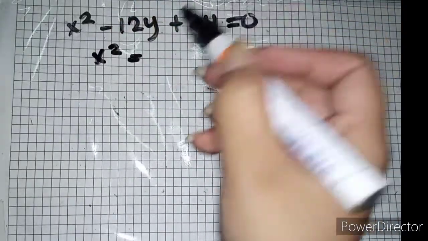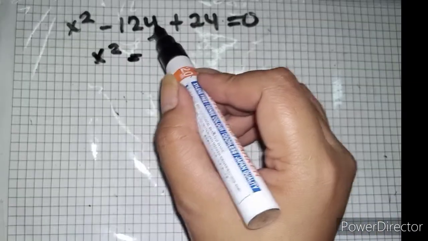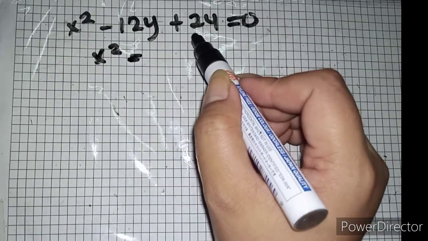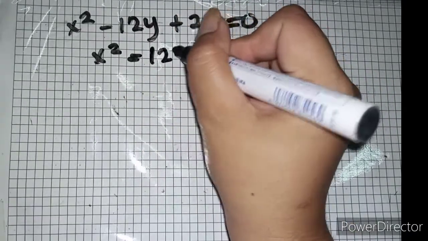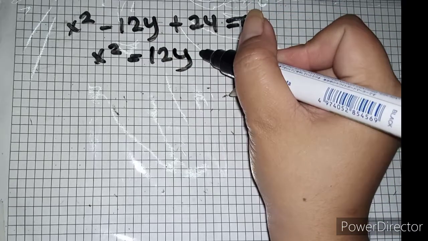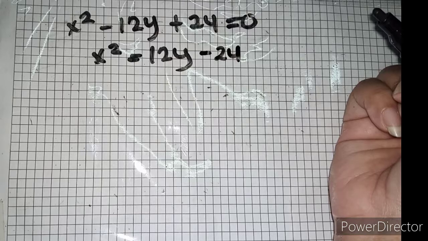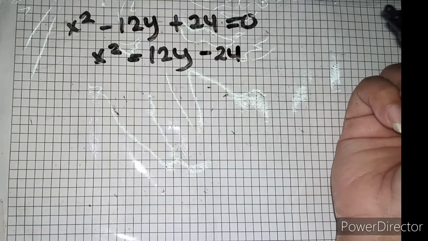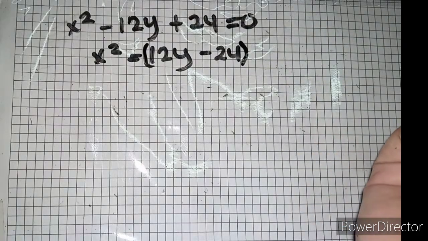Then we move the negative 12y and the plus 24 to the other side. From negative, it becomes positive 12y. Then from positive 24, it becomes negative 24. Next, we enclose it in parentheses.